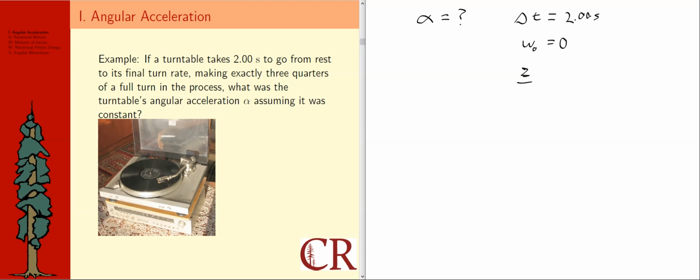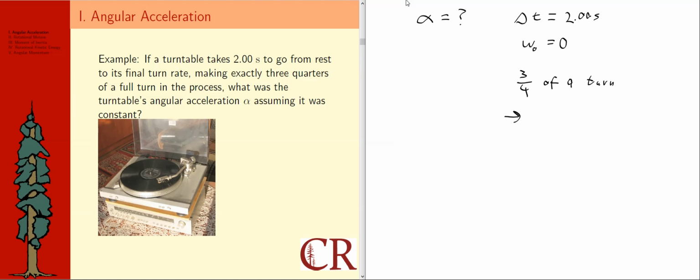So we're talking about 3/4 of a turn. Written poorly here, let me fix that. All right, more clear. 3/4 of a turn. I think that suggests, if we think about it in terms of angles, that a full turn is 2 pi.